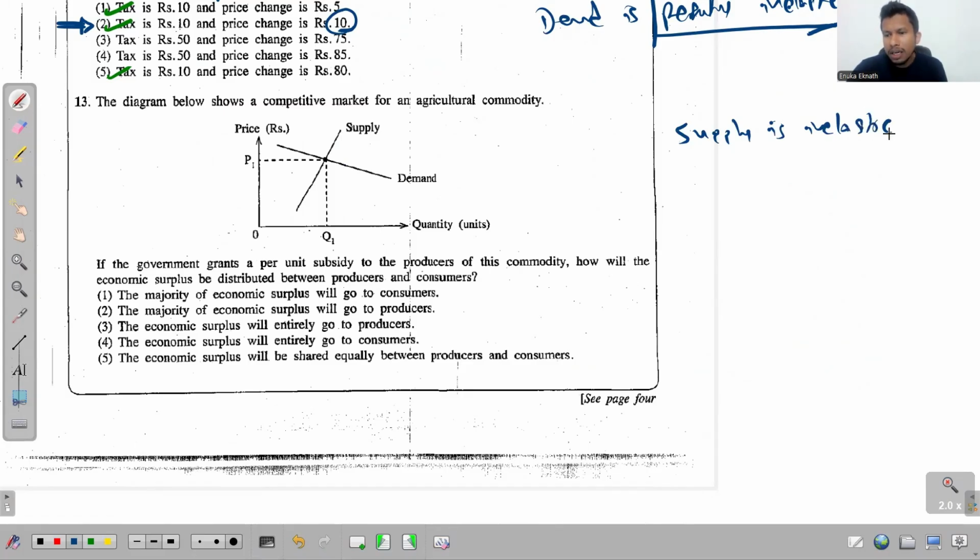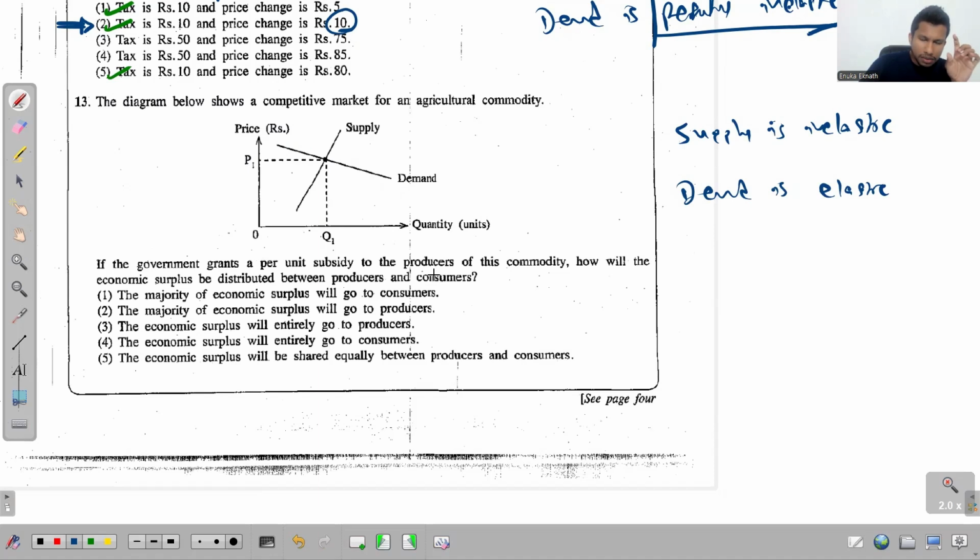And see the slope of the demand curve. This is less steep compared to a demand curve like this, so the demand is elastic.